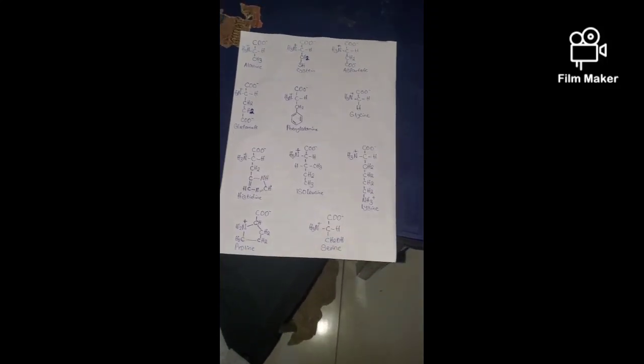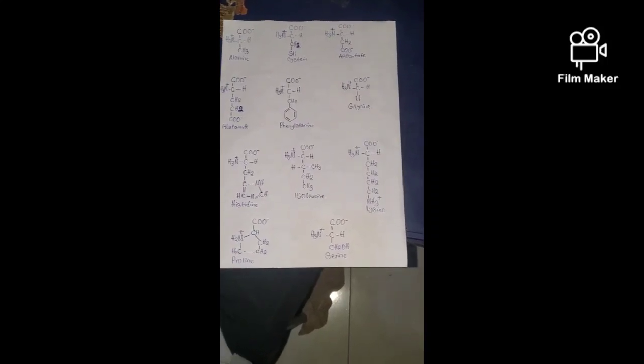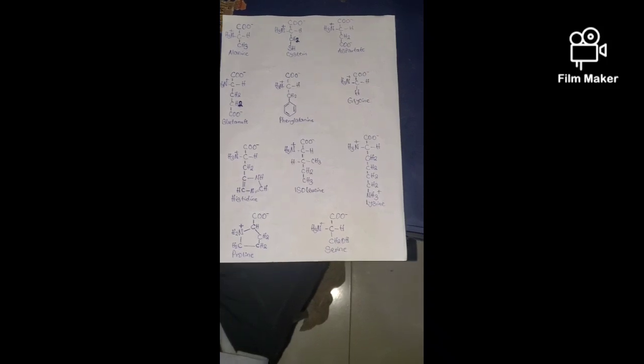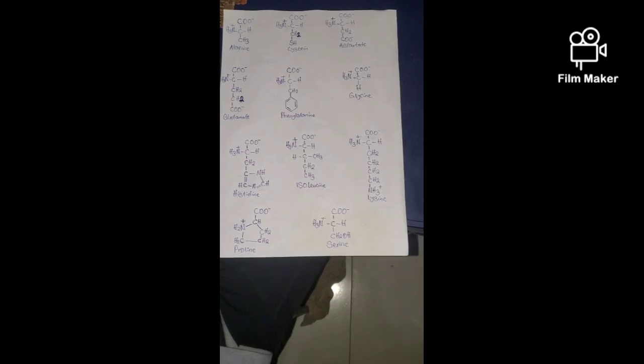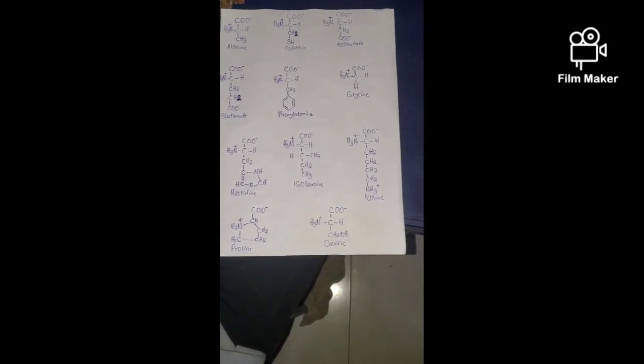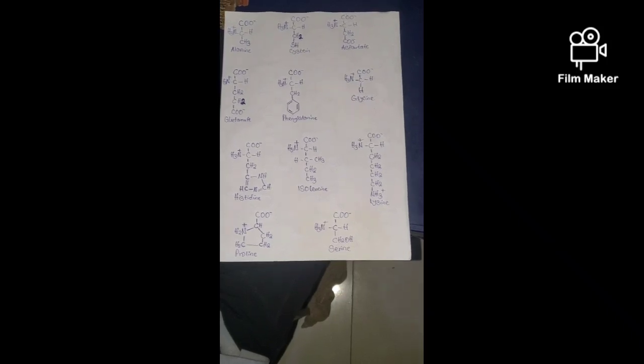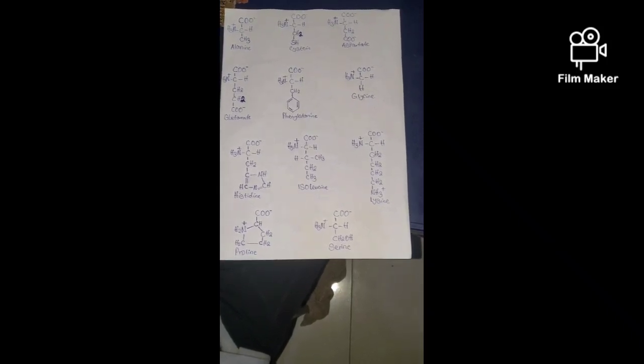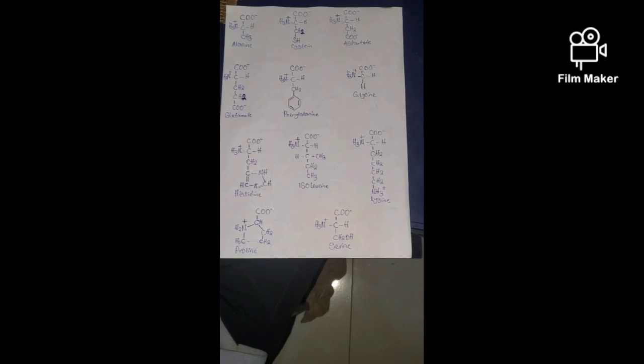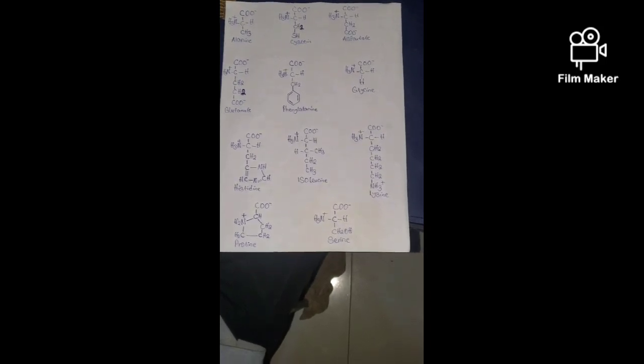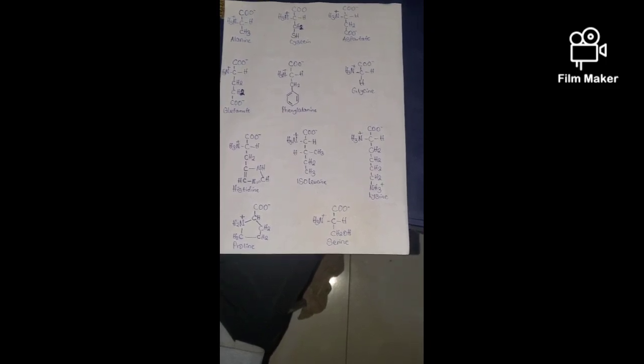Today we are going to pick it up from where we stopped. In our last class we were able to give an introduction to amino acids. We were able to understand the definition of amino acids. We also looked at different forms of amino acids, the L form, and the ionized form as well.